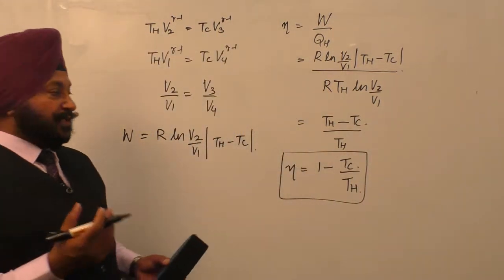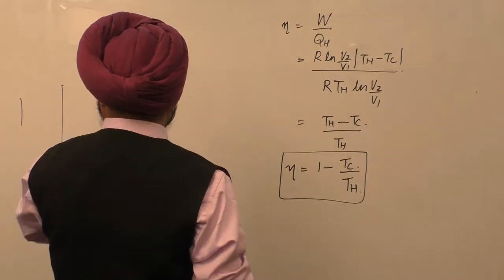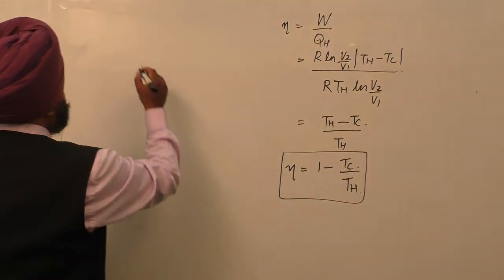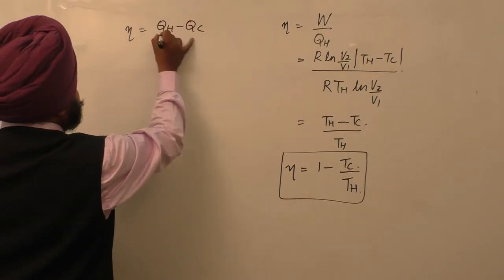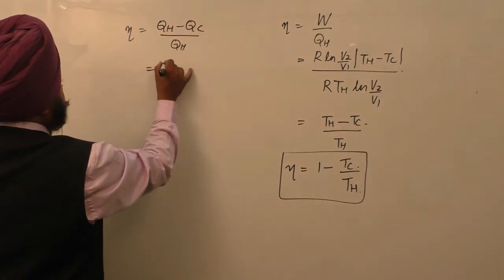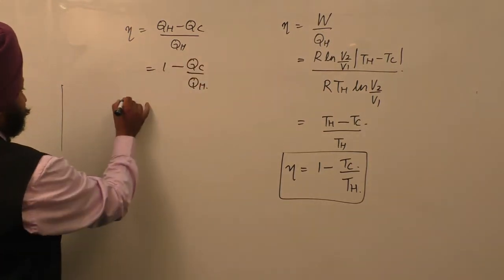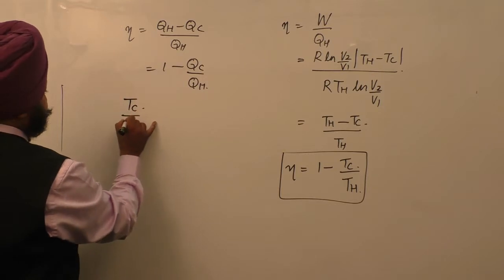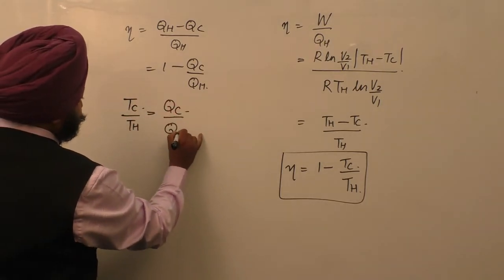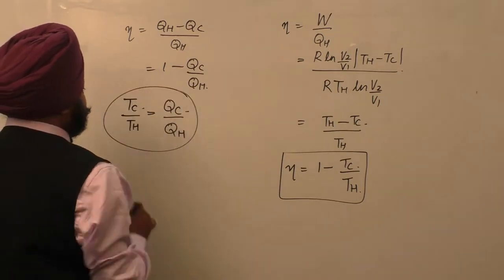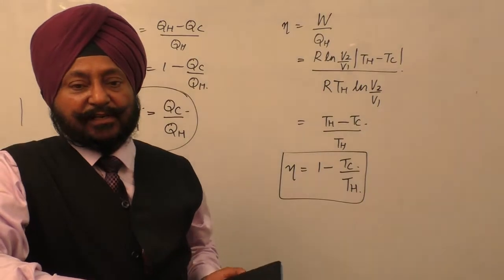So the lower the value of TC, the more the efficiency; the higher the value of TC, the lesser the efficiency. For a heat engine, we also found that the efficiency is 1 minus QC over QH. This implies that for a Carnot heat engine, this ratio will hold: TC over TH will always be equal to QC over QH.